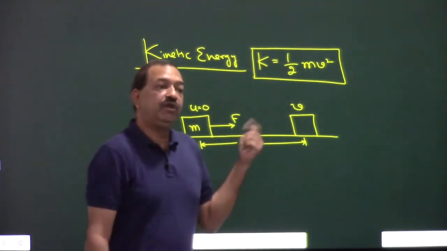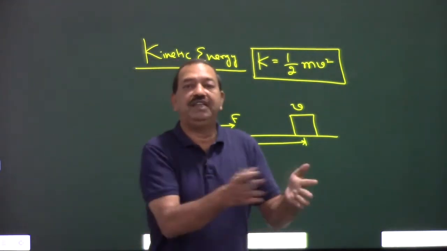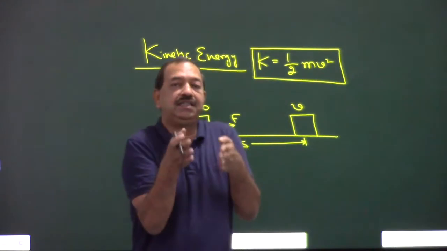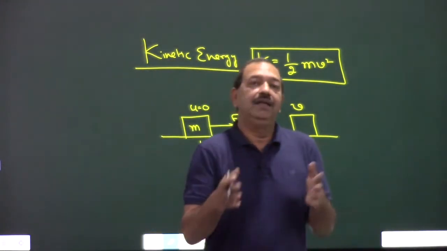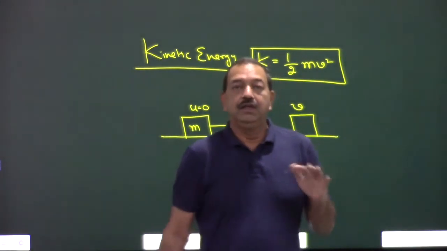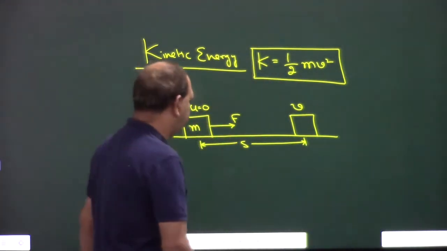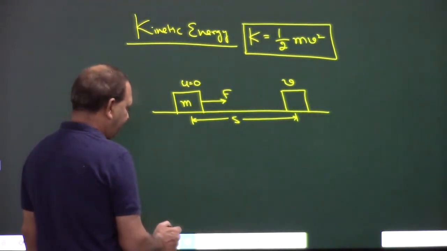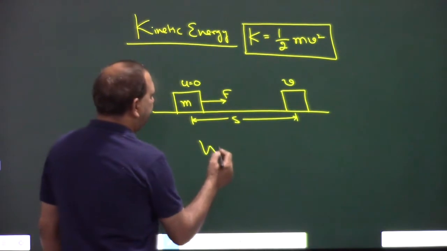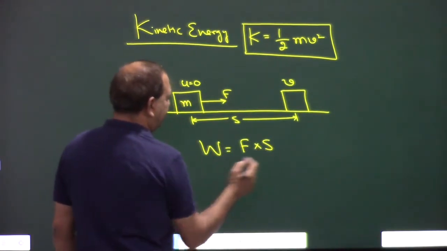This force would have done some work on it because the force is applied. Whatever is the work done by the force, that will convert into the object as kinetic energy. So kinetic energy acquired by the object is work done by force. So let's calculate the work done by force. How much is work done by force? The work done, we know by the formula, is force into displacement.